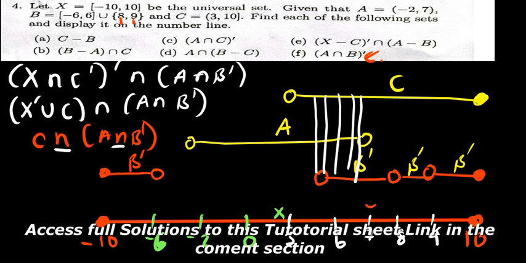We are just looking at the point where all of them are meeting. So it is basically 6 all the way to 7. Simple. So this is 6 comma 7, and that is open.